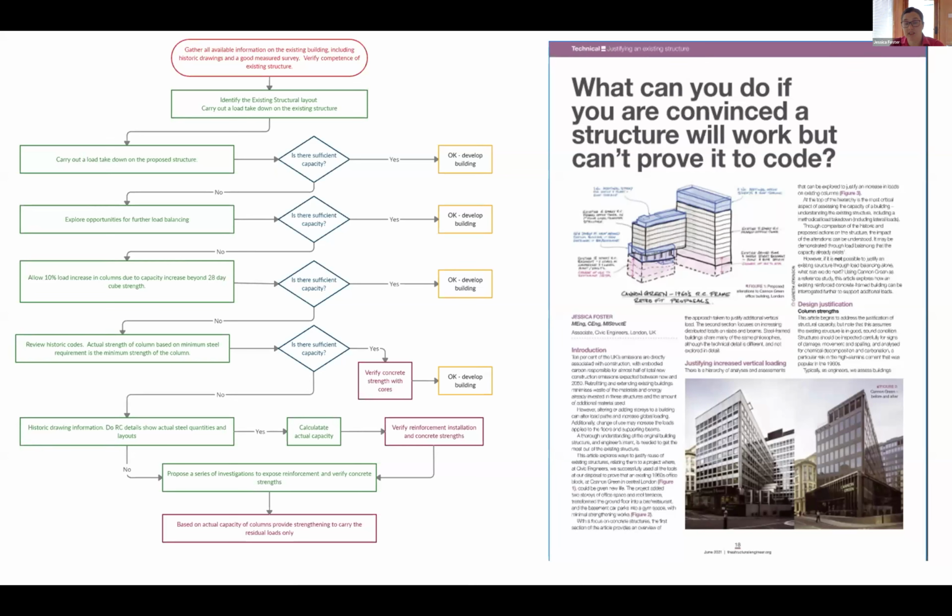Is there sufficient capacity? Yes, fine, you don't need to do any more. No, you move on a step. Consider the 10% increase in strength in a concrete structure. Does that give you sufficient capacity? And so on. And only at the very bottom of the flowchart do you need to break out columns to expose structure, to expose reinforcement, and actually analyze the individual member capacity.